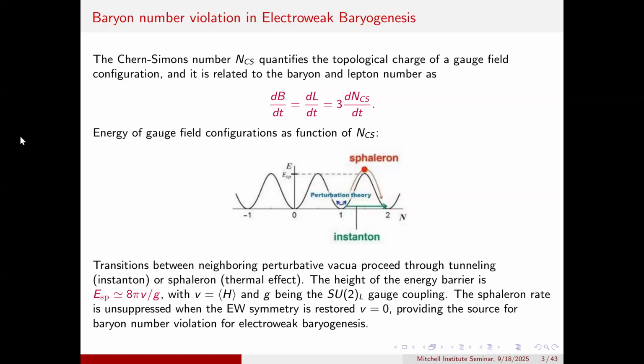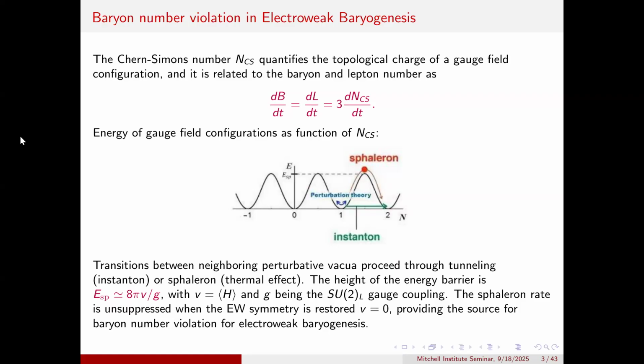To understand what this is, we first introduce the Chern-Simons number, which quantifies the topological charge of a gauge field configuration and is related to the baryon and lepton number as the following. If the Chern-Simons number changes by 1 unit, the baryon and lepton number would change by 3 units, respectively.